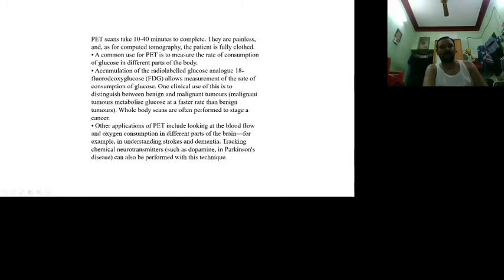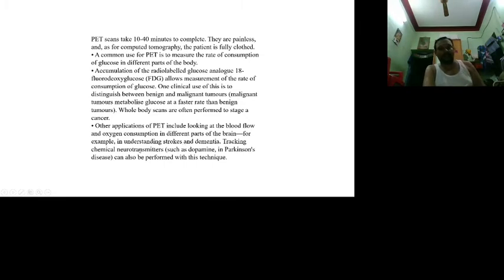Other applications of PET include looking at blood flow and oxygen consumption in different parts of the body, different parts of the brain. You can monitor the flow of blood in the brain, for example in understanding stroke and dementia, because these are due to variations in the blood flow in the brain.